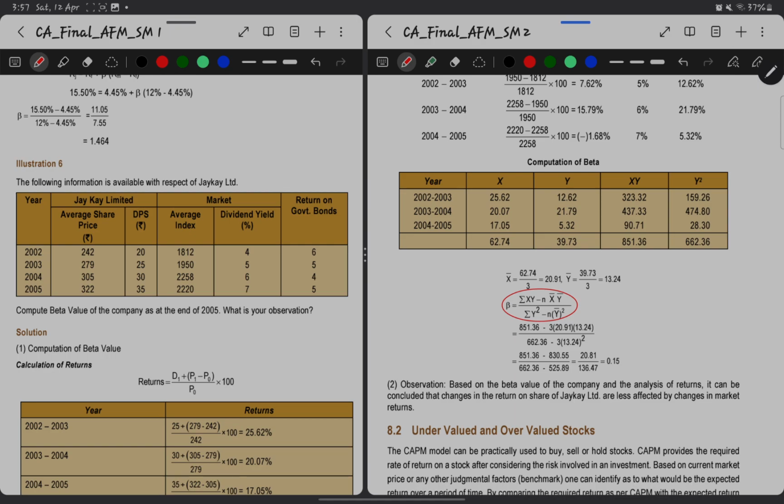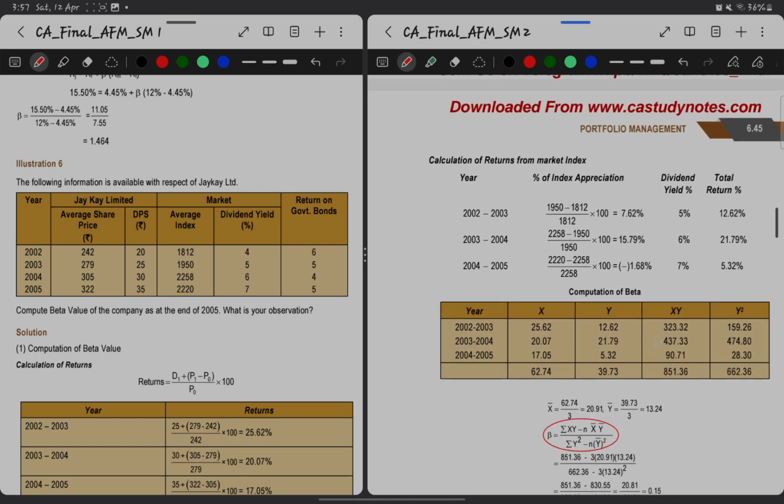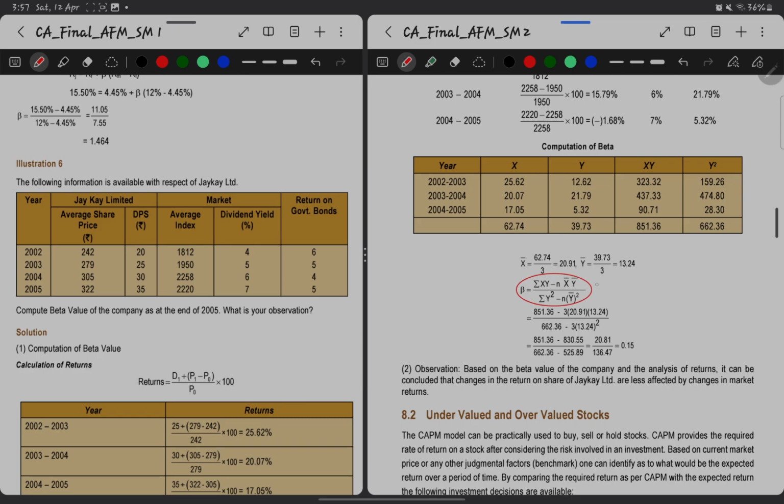Then we require the expected return on the market and on the stock also. Once we get the expected return, if we apply it in this formula, we'll get the beta.